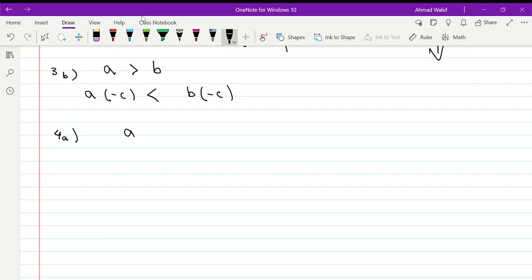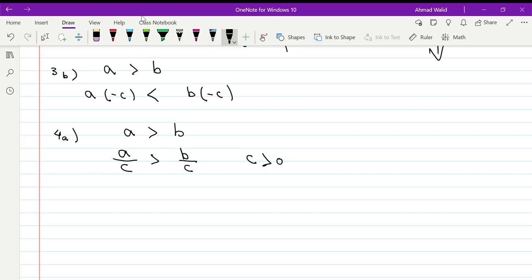If you have an inequality A greater than B or less than B or greater equal or less than equal, if you divide one side with a positive C, and you divide the other side with positive C, you are okay. Here C is greater than 0. It means C is a positive number.